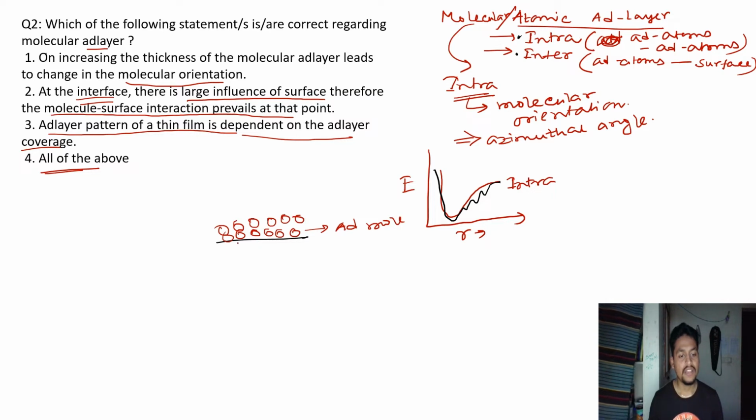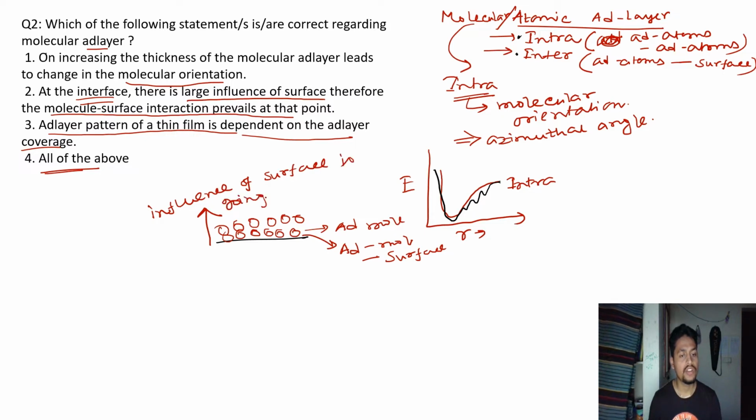So obviously in the first layer, the ad molecule and surface interaction will be higher, and whenever you go to the top, at that time the influence of the surface is going to decrease, right?